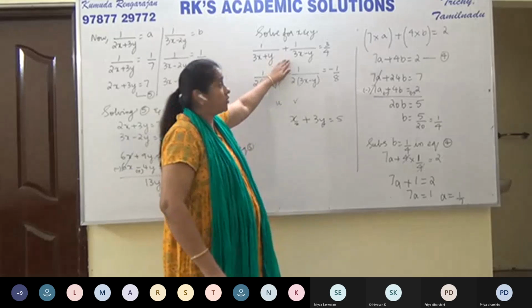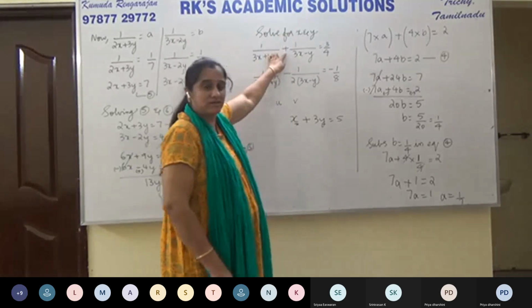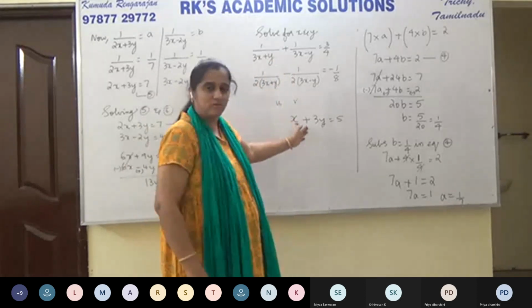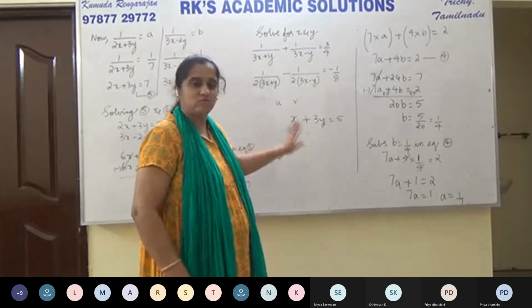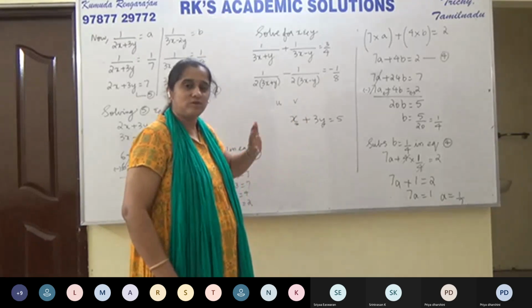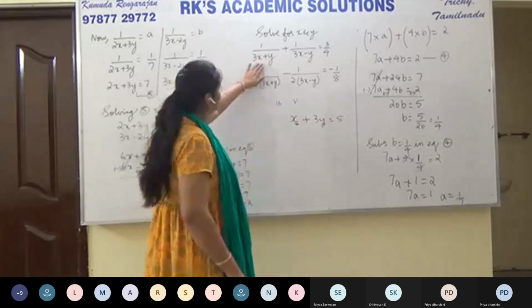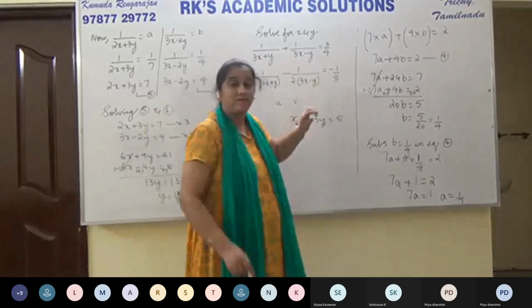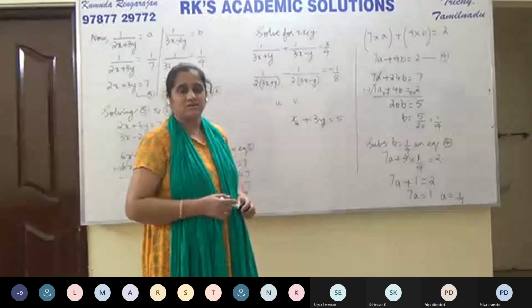But this one, you know that there is a term here, another term here connected by the plus sign. So when you simplify, this you cannot further simplify. Whatever you do with this, x is going to be x, y is going to be y. The power of x is not going to change, the power of y is not going to change. But look at this. Here it may look like x and y. But when you take the LCM, the powers of x and y will change.